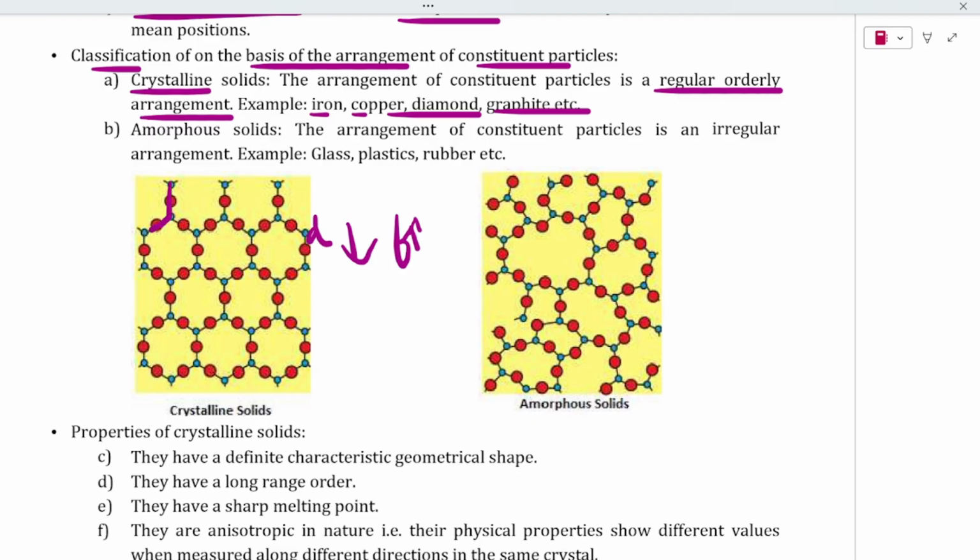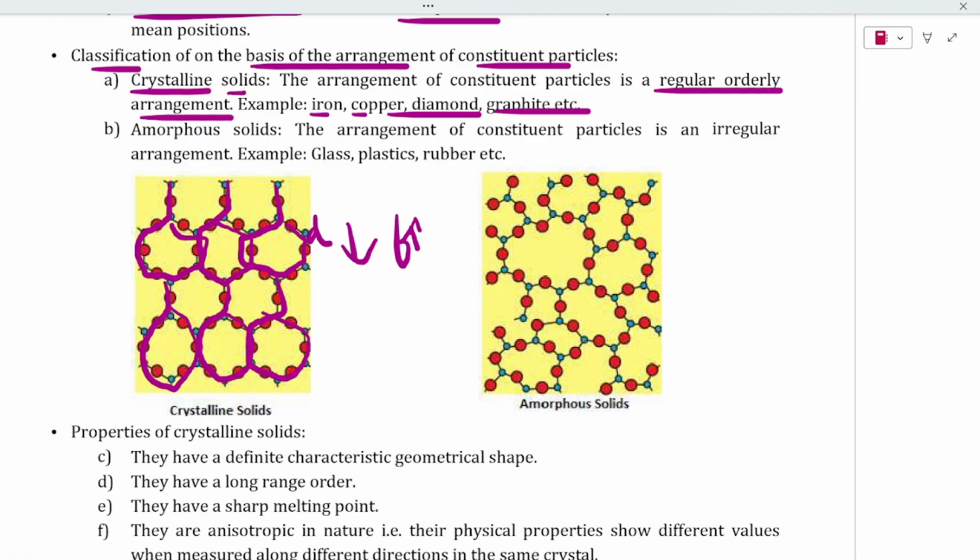If you come here, this is similar to a hexagon shape, 1 2 3 4 5 6, a hexagon. If you see from here also, it is a hexagon shape. From here also, the same, and here also. So you call this a crystalline solid.